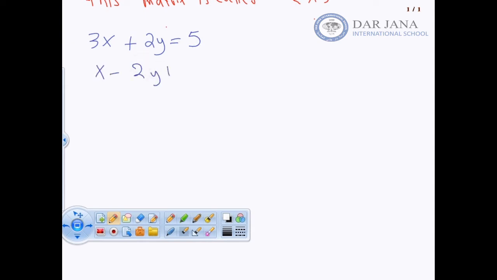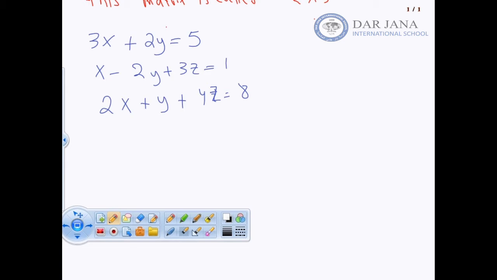So let's take this system of equations: 3x plus 2y equals 5, x minus 2y plus 3z equals 1, and 2x plus y plus 4z equals 8.